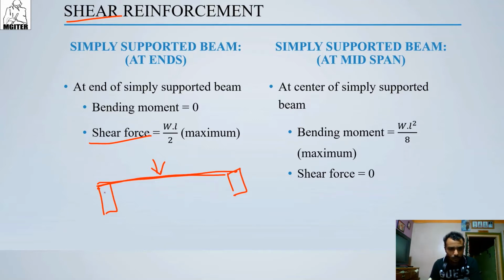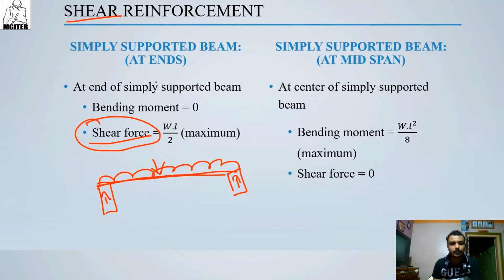By this load, you can find a reaction. If here is a UDL load, the same phenomenon applies. Here is the reaction. This type of reaction we call shear force.